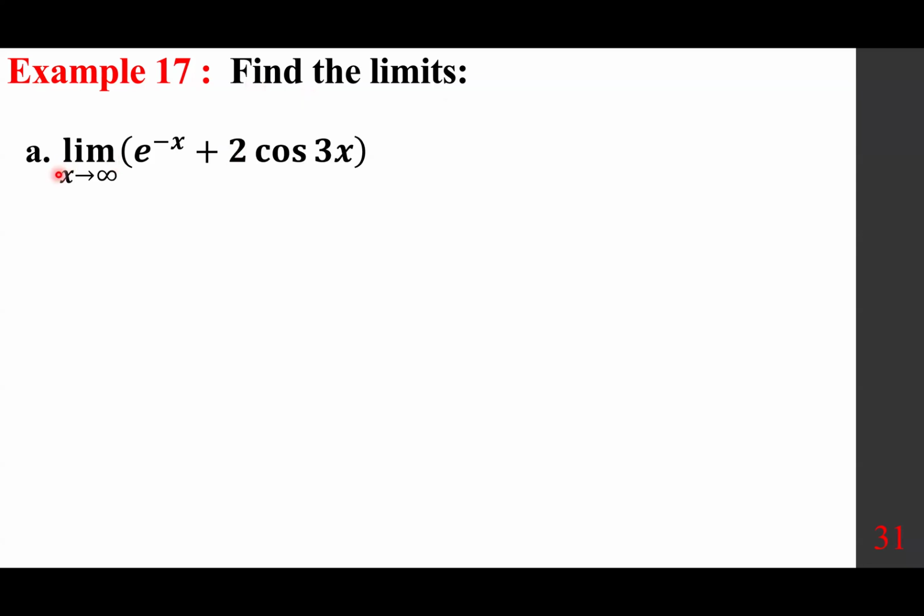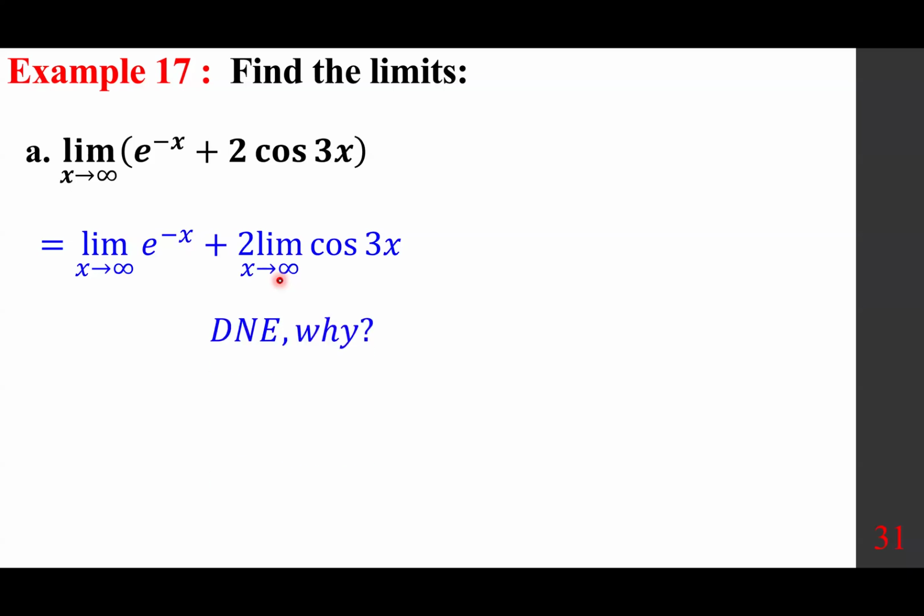Find the limits, part A, limit of e to the power minus x plus 2 cosine 3x as x approaches infinity. We use the limit laws and cut this into 2 pieces. The limit of this piece plus 2 times the limit of cosine. We get the limit of e to the power minus x as x approaches infinity plus 2 times the limit of cosine 3x as x approaches infinity, and it does not exist.